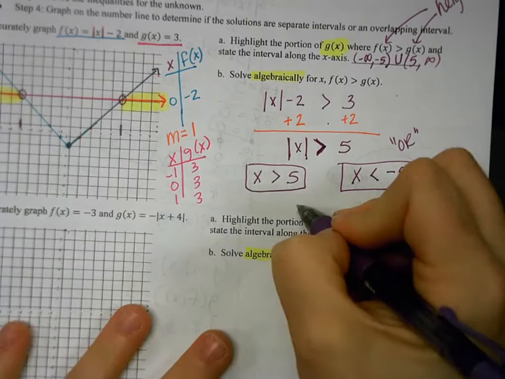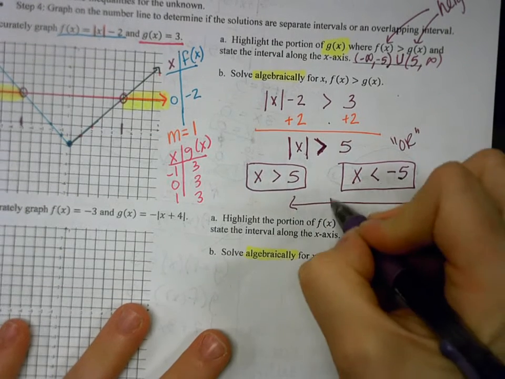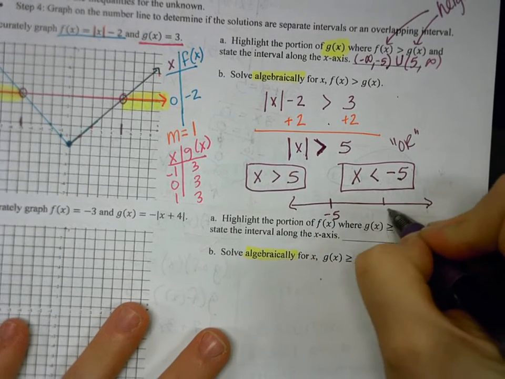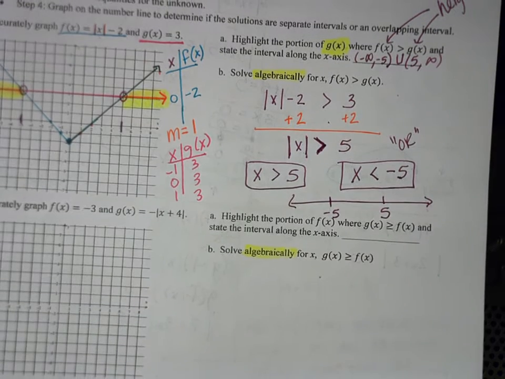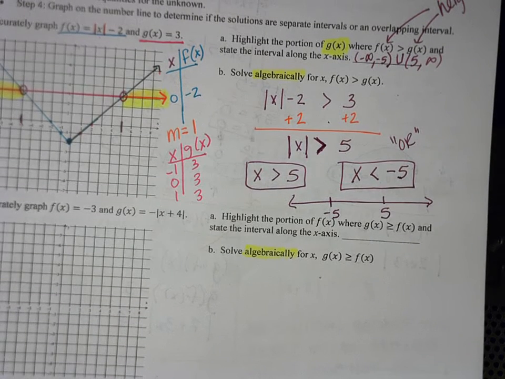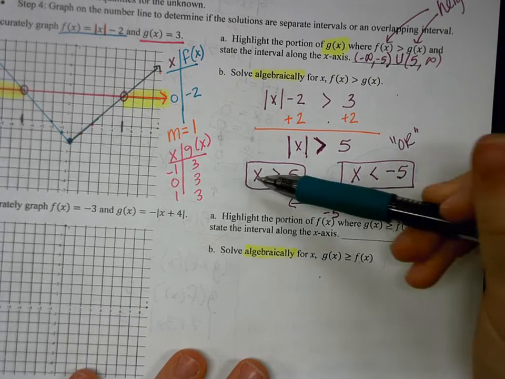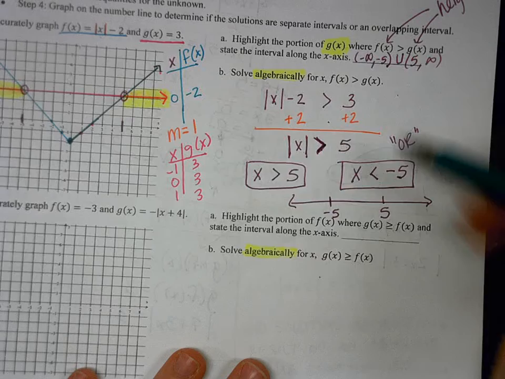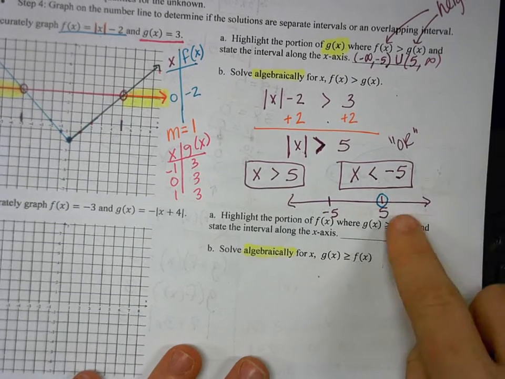My number line is going to look like this. Here's my negative 5, and here's my positive 5. So if x is greater than 5, I have an open point on 5, can't be equal to 5. But everything greater is to the right.